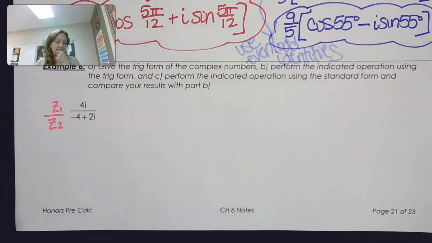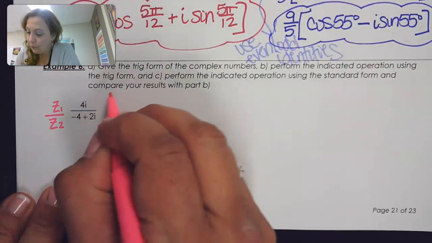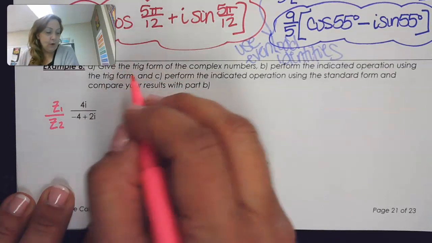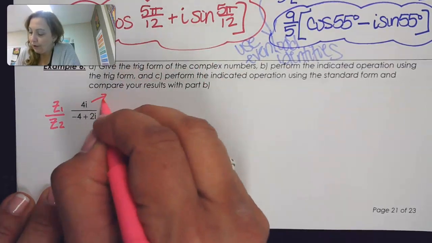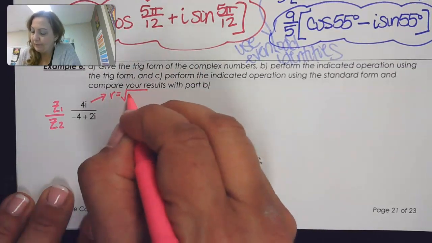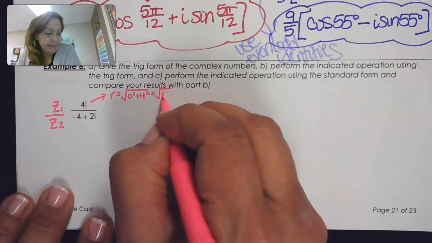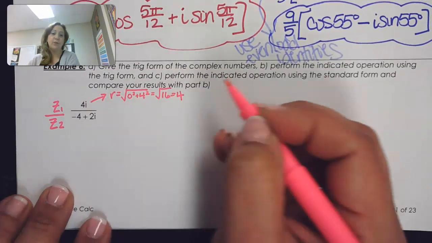Okay, so let's focus on Z1, which is 4i. If I wanted to find my r, it's going to be the square root of 0 squared plus 4 squared, which is going to be the square root of 16, which is 4.